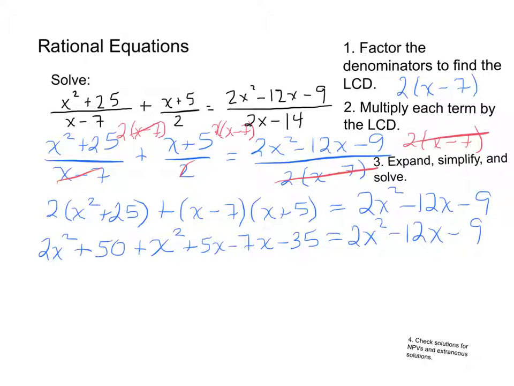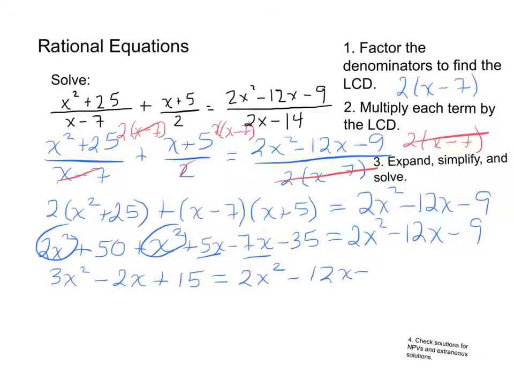Combine like terms. So on the left I have 3x squared. So that's that and that. How many x's do I have? Just those ones. So negative 2x. And then plus 15. So that's the expand and simplify.